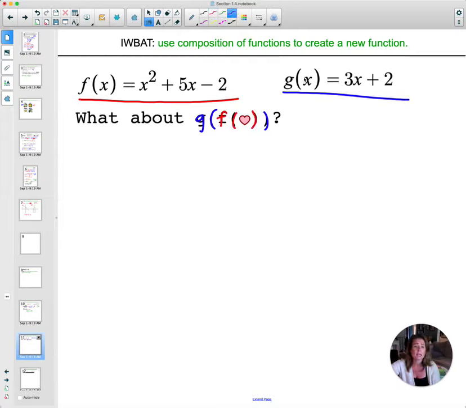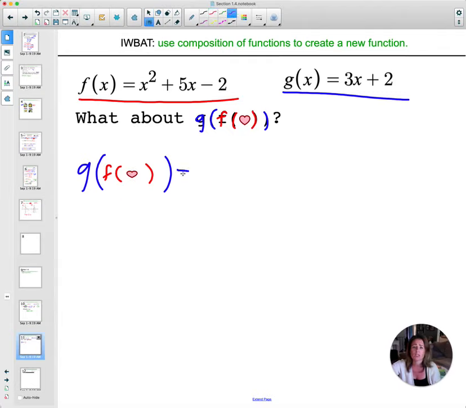So I would again write down this outer function, because you're going to be doing g of f of the heart. I would write down that outer function just so that you can see what's going on.